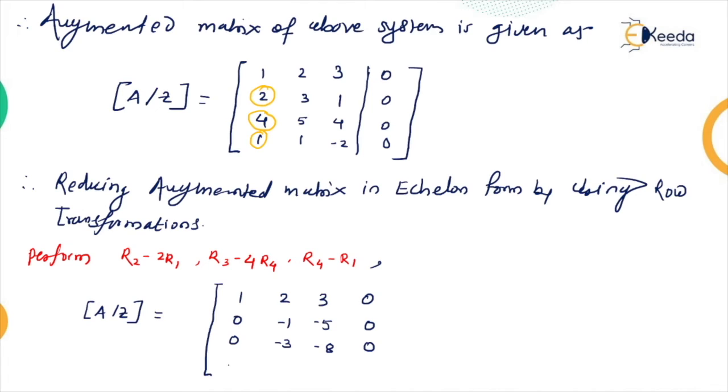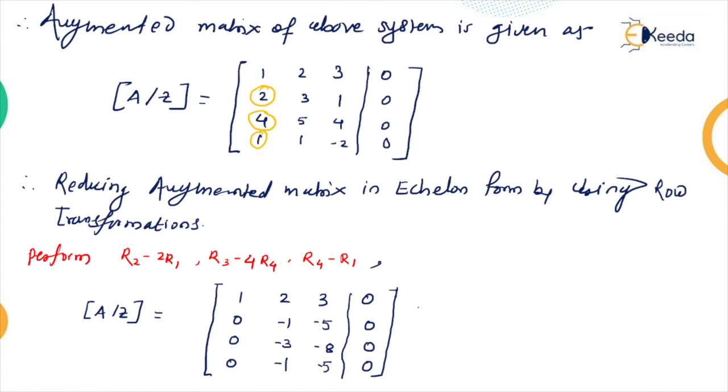The last row changes as R4 minus R1, that is 1 minus 1, which is 0. Then 1 minus 2 gives minus 1, and minus 2 minus 3 gives minus 5, and 0 minus 0 gives 0.